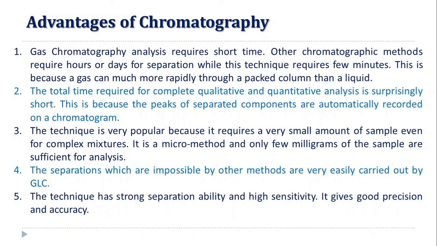It can separate a complex mixture as well as has high sensitivity. It means if one of the components is present at less than 1%, gas chromatography still detects that type of impurity, gives a peak for it, as well as gives the percentage of that impurity present in the sample. So these are the advantages of gas chromatography.